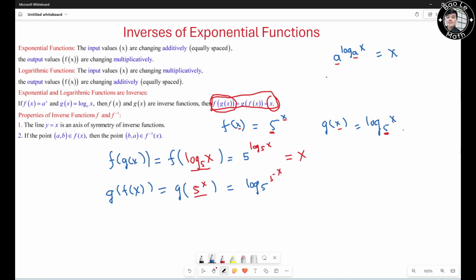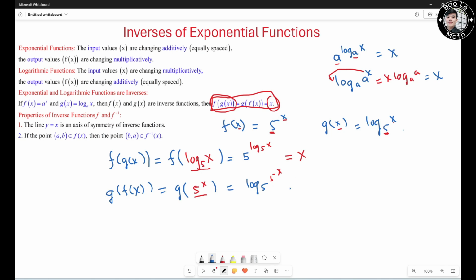Again, you learned before, if you have log base a of a to the x, you just bring x to the front. So it's going to be x log base a of a. But log base a of a equals 1. So the answer is x times 1, which means x.